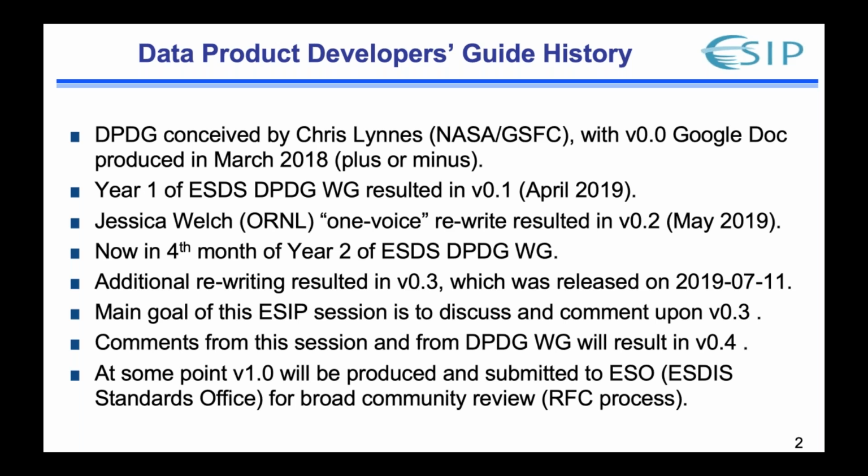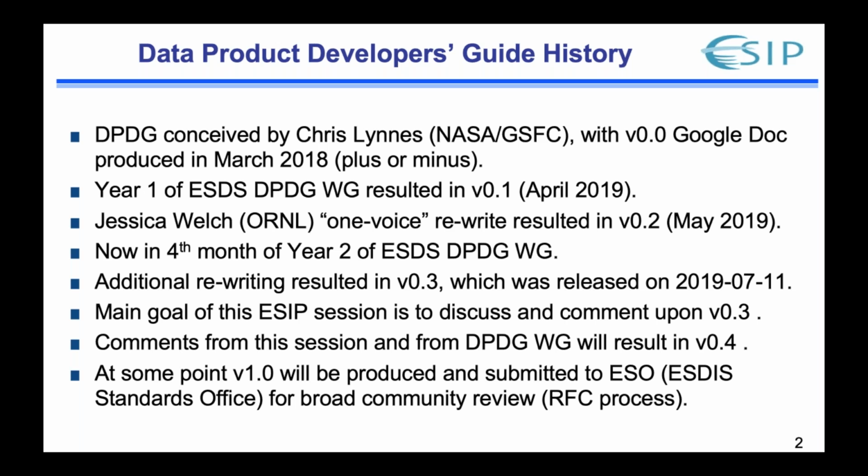And now that we're in the fourth month of year 2 of the working group, we did a lot of additional rewriting, and we've released version 0.3 on July 11th, and I'm calling it the 7-Eleven version, because it was released on July 11th, and that's still a limited release.